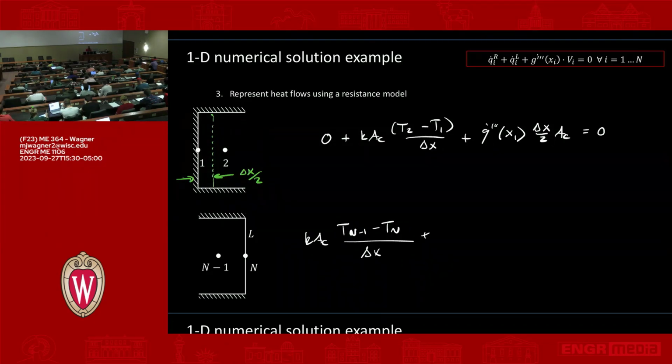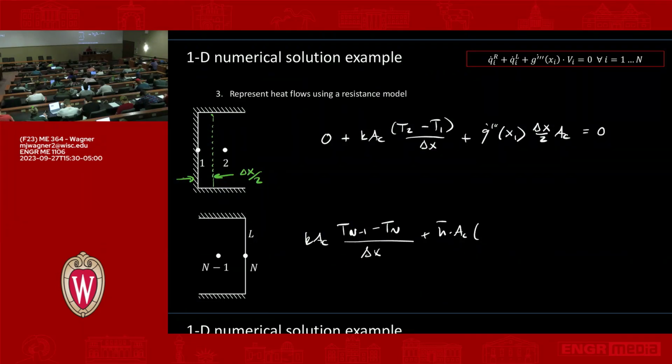So to the right, what do we have going on? We said there was convection. So now I need a rate equation for convection. That rate equation is h bar times the surface area that's exposed. In this case, it's also A_C, times the temperature difference. So this is going to be the difference in temperature between the ambient and the end node. But again, we're drawing everything going into this control volume.